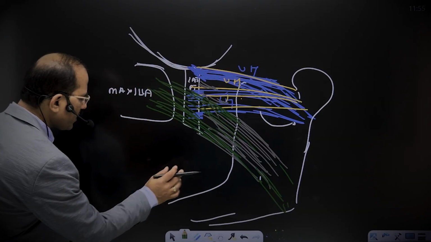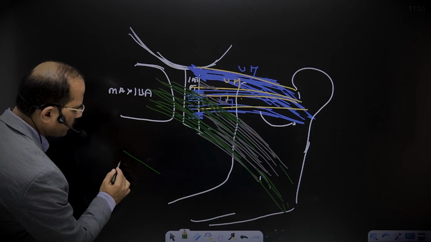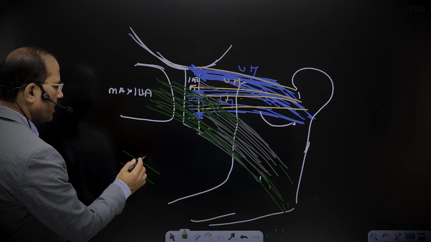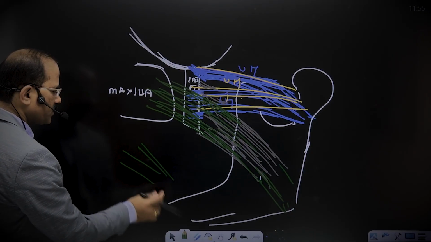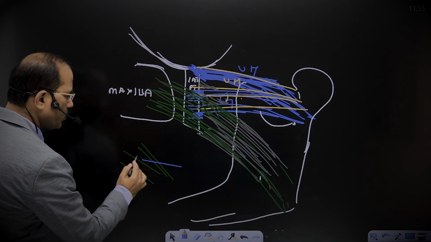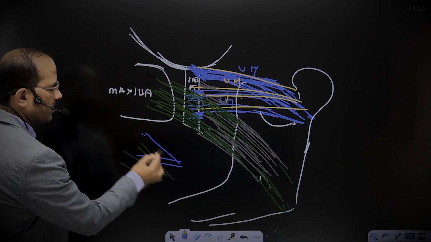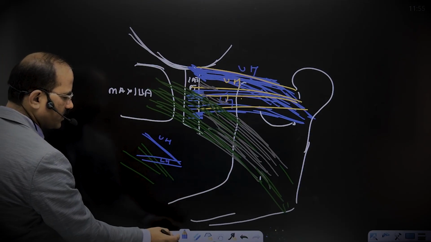So, see, if I make it like this, this is the superficial head of medial pterygoid, and that's the deep head of medial pterygoid. There's one muscle between them. Can anyone tell me which muscle is between the two heads of the medial pterygoid? This is the upper head of lateral pterygoid. This is the lower head of lateral pterygoid.